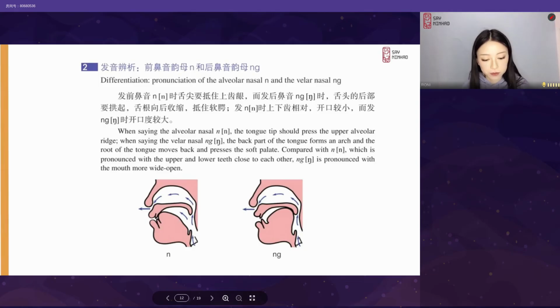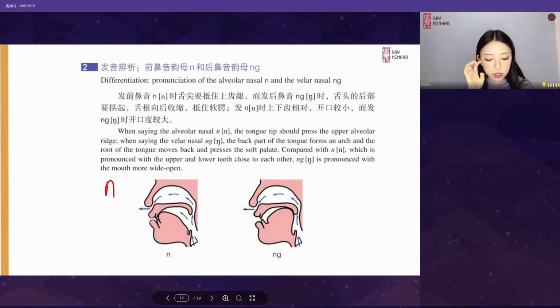Now let's move on. These two finals, the pronunciation of the alveolar nasal and the velar nasal. We've learned it before.